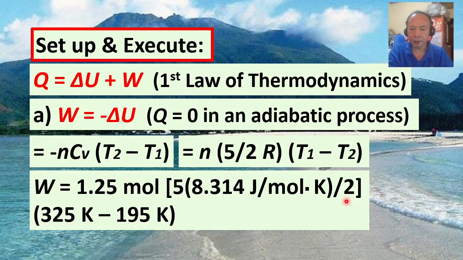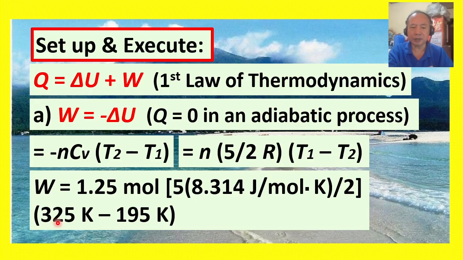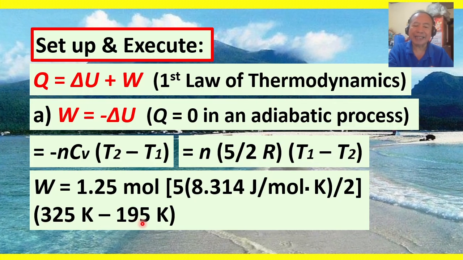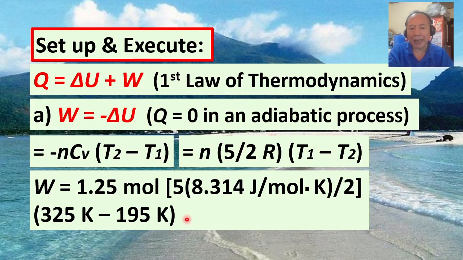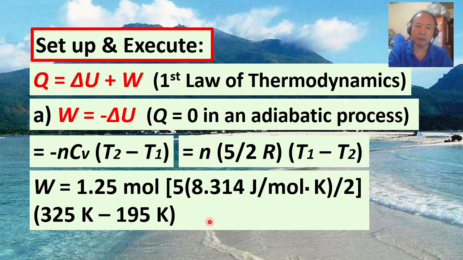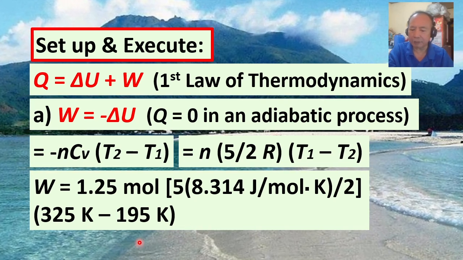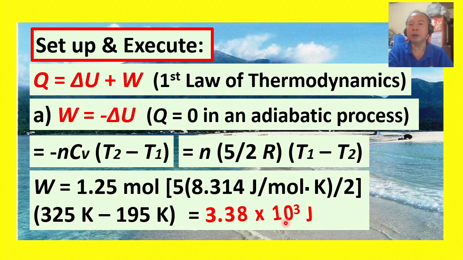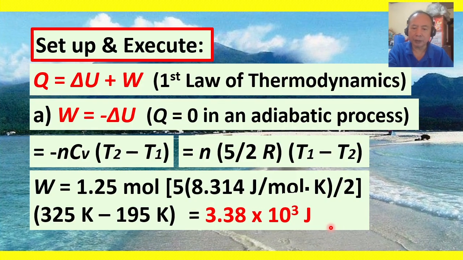And of course, the whole thing will be multiplied by the difference, 325 Kelvin minus 195 Kelvin. So when we do our math, we arrive at the value of capital W, or the work done by the system, equal to 3.38 times 10 to the third power joules in 3 significant figures.